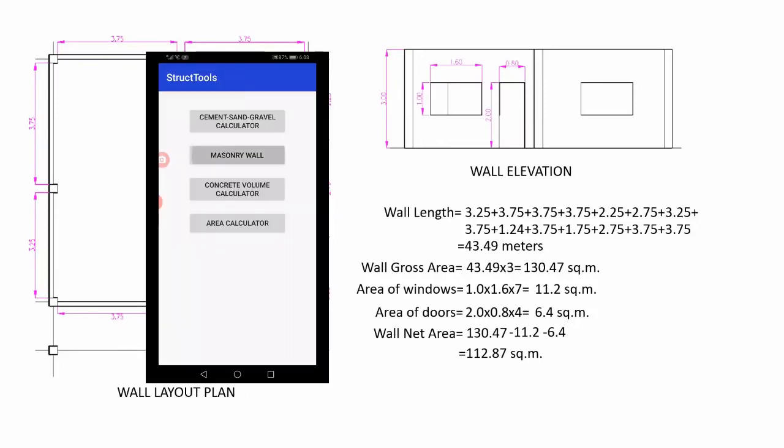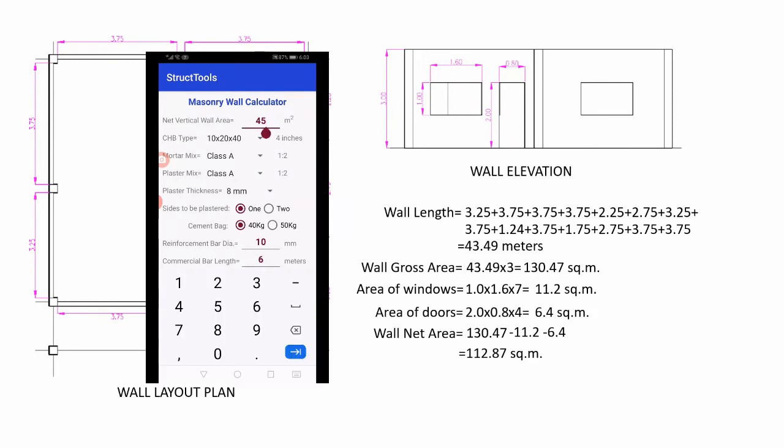Then we'll go back to our application. Click Masonry Wall. This time our area is 112.87. For wall type, we'll use the same CHB wall. For mortar mix, this time we will use class B. Plaster, class B, this is 1 part of cement and 3 parts of sand.